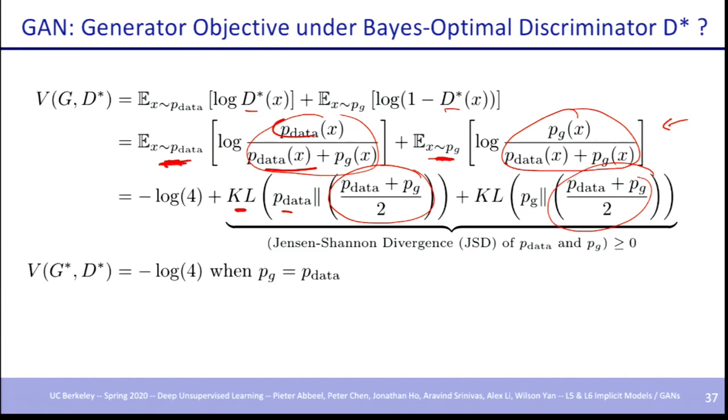It's called the Jensen-Shannon divergence, which is a KL between the data and the average of data and generator, and between the generator and the average of data and generator. So actually, we're still optimizing something like a KL, but a different one than we looked at before. Remember, if we did maximum likelihood, it would have just been KL of P data and PG. This is maximum likelihood. So this is a little different.